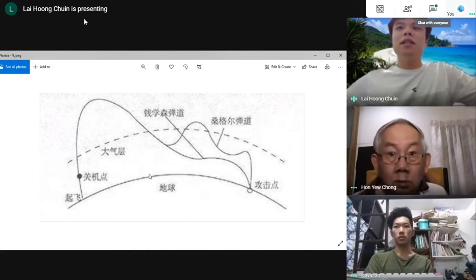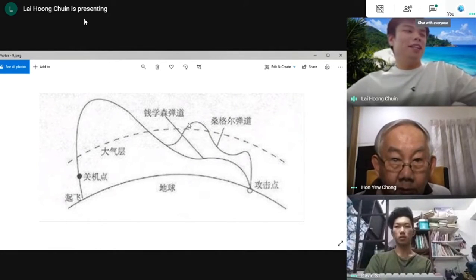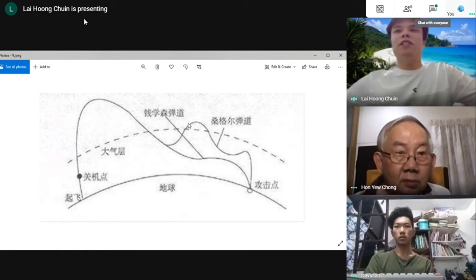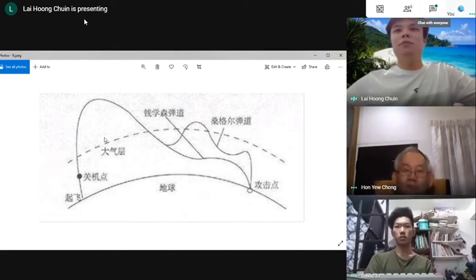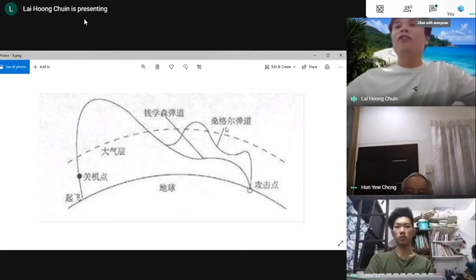Among the types of shock wave, the weakest one is the expansion shock wave, followed by the oblique shock wave, then the normal shock wave, and the strongest shock wave with the highest drag is the bow shock. It's actually a curved shock, so a lot of drag.